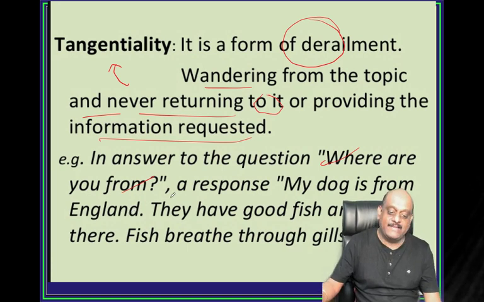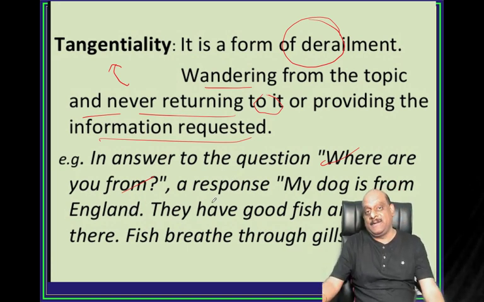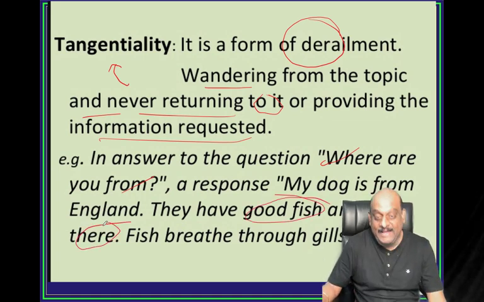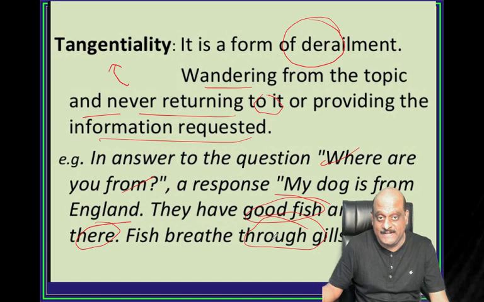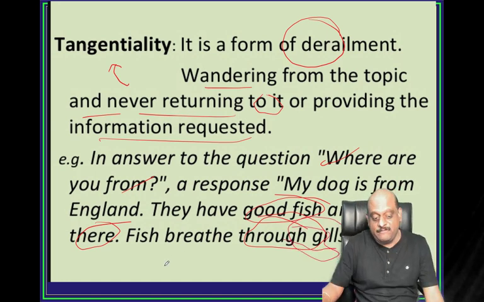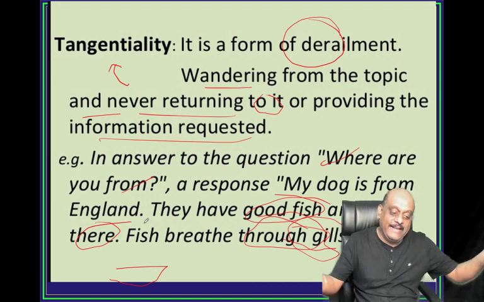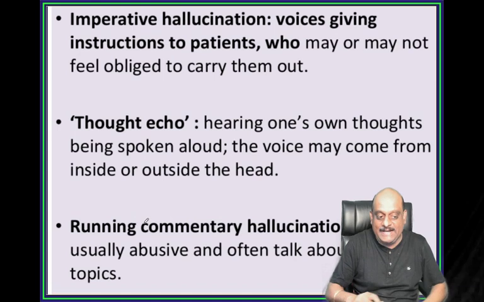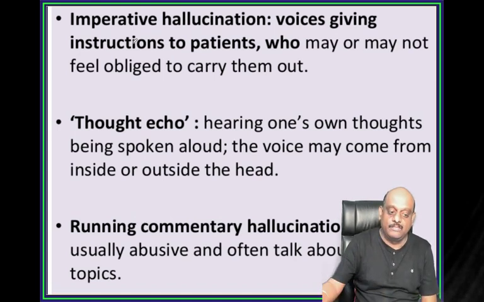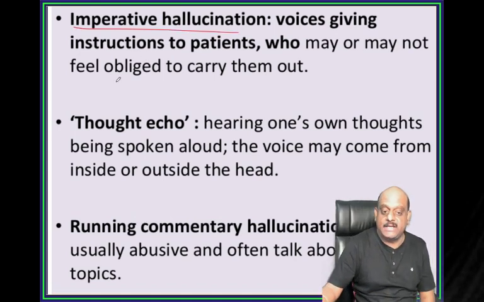He will start answering. My dog is from England. They have good fish and chips. And the fish breathe through gills. Gills are evolved from something else. Right? Finally, where are you from? You could not get the answer. That is tangentiality.